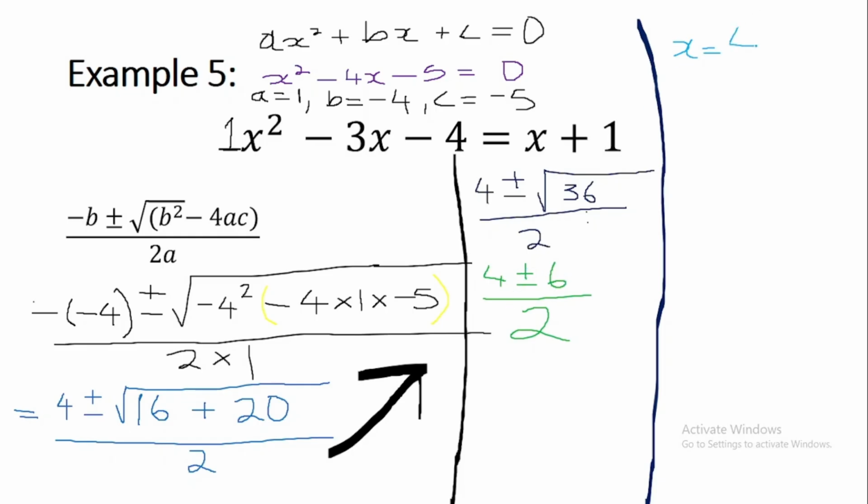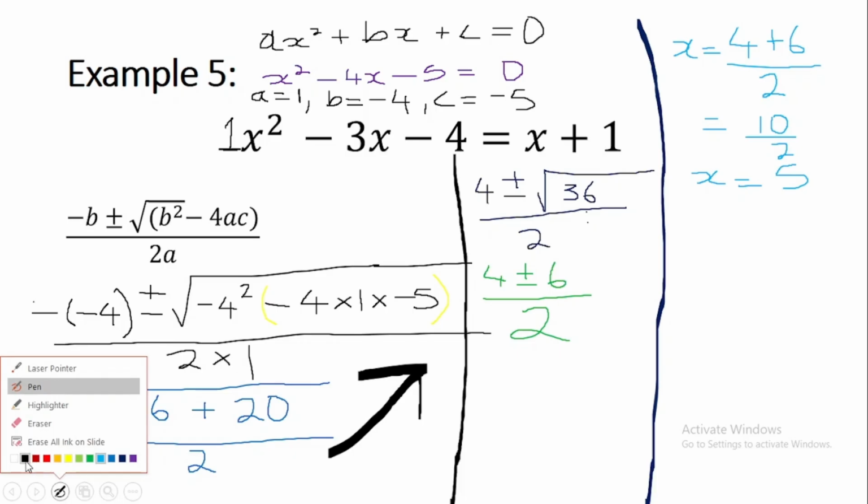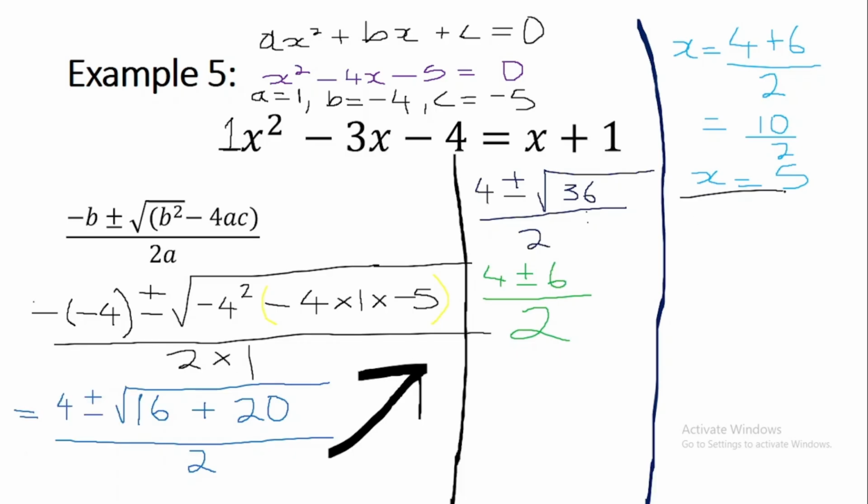So that's going to be 4 plus 6 all over 2, and that would be 4 plus 6 is 10 over 2. So that means that x is going to be equal to 10 divided by 2, which is 5. Good. So x is equal to 5, and now we're going to find the next value of x.